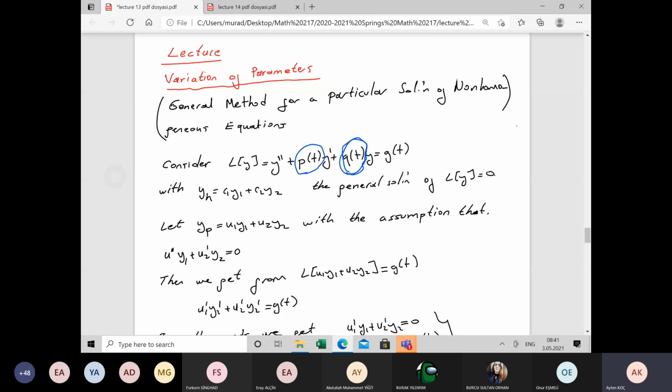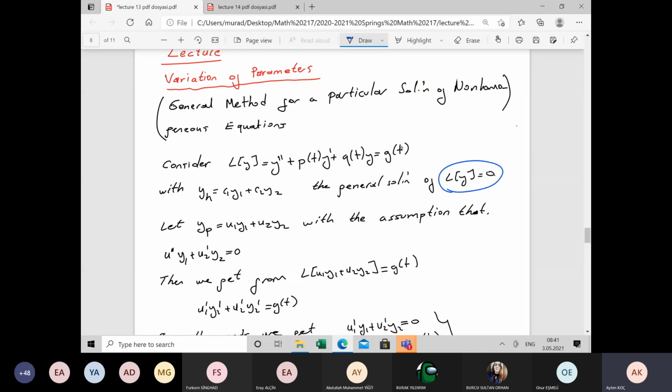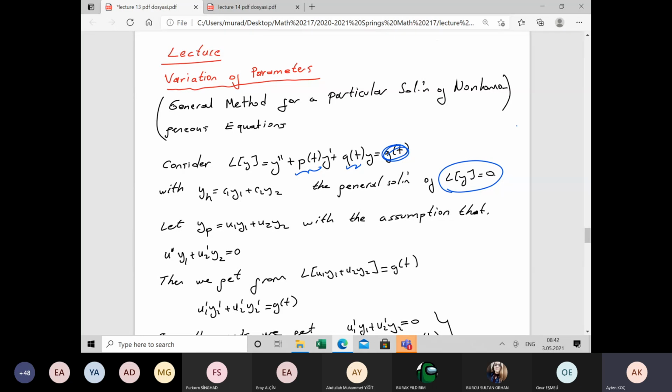Look at the homogeneous part, where the right side is 0, but the coefficients are not constant functions. So this is valid for constant functions and also non-constant functions, if p of t and q of t are functions of t.